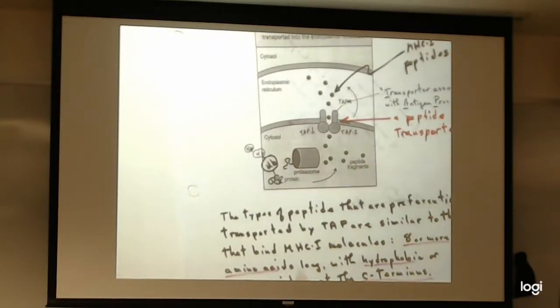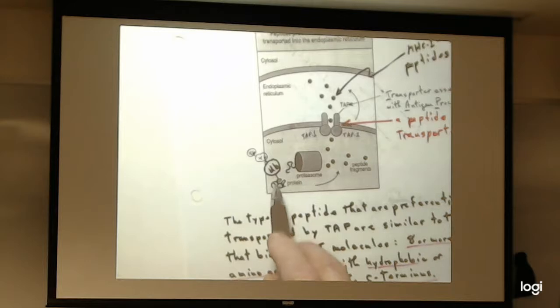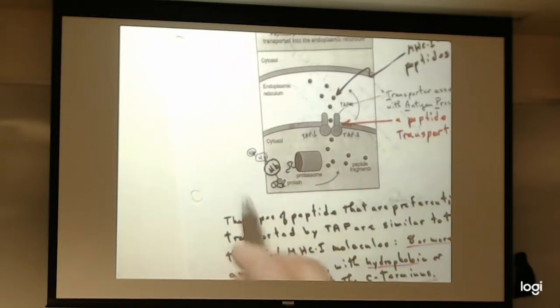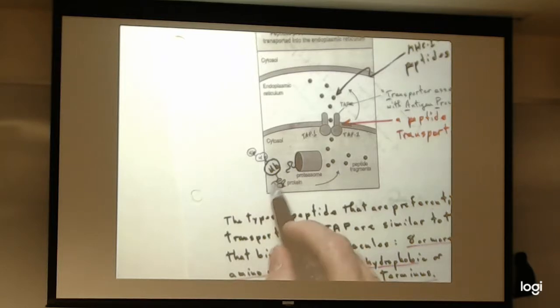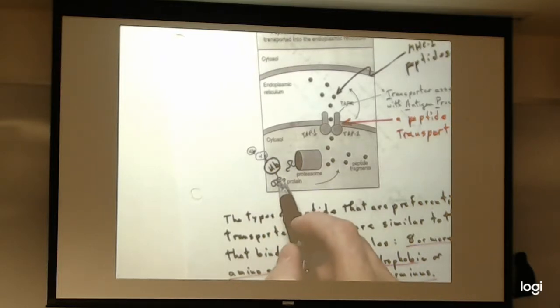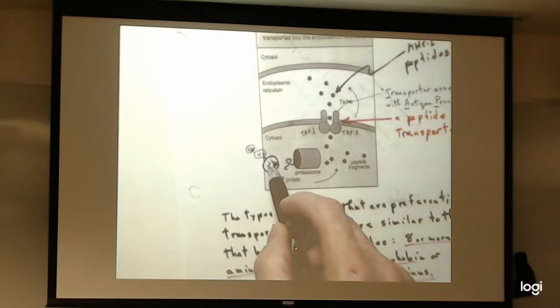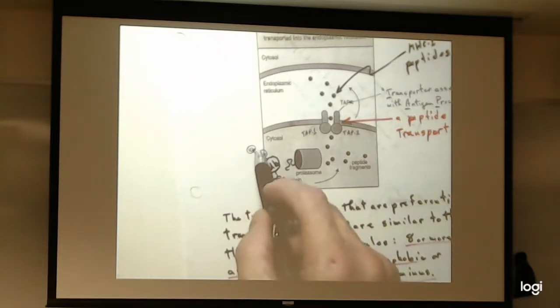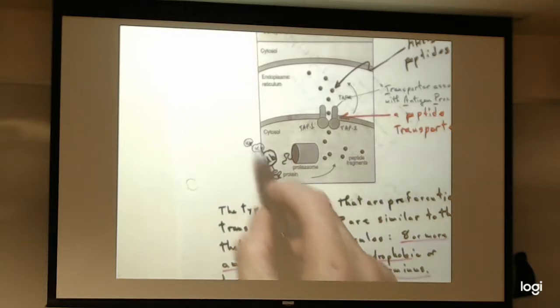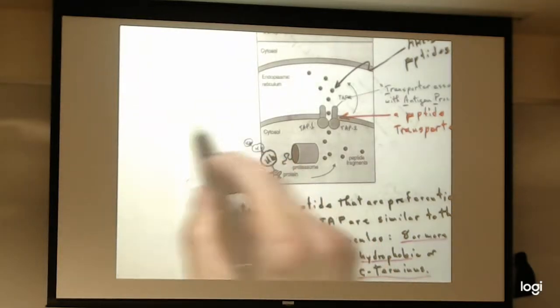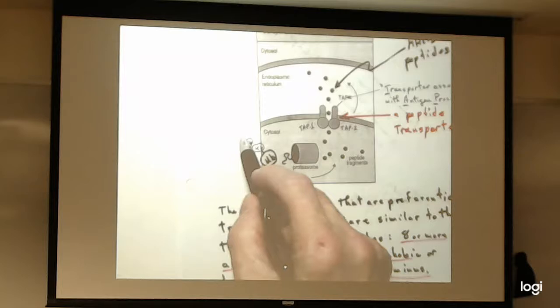So we had some cellular cytosolic protein here. It gets grabbed more or less apparently at random by the ubiquitin ligase machinery, which attaches first one small ubiquitin protein to it, then a second ubiquitin to the first, and a third ubiquitin to the second. You get a string of 7 or 8 ubiquitins, and that's the signal.